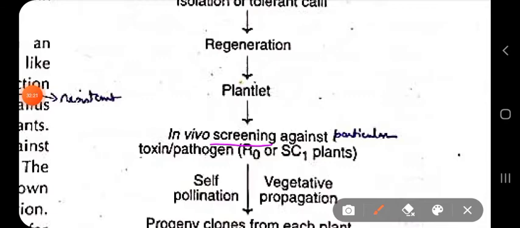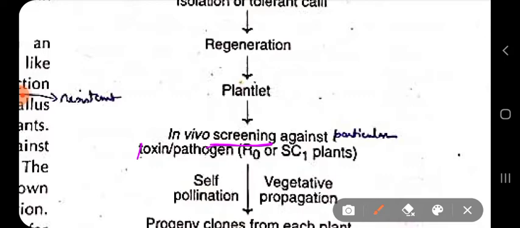Then, when placing them in greenhouse conditions, we again do screening procedures, like checking the DNA content of the variants, and analyzing their proteins or enzymes through gel electrophoresis, to check whether they truly have that disease resistant character.